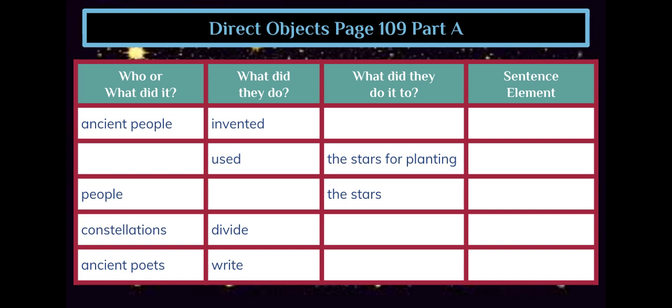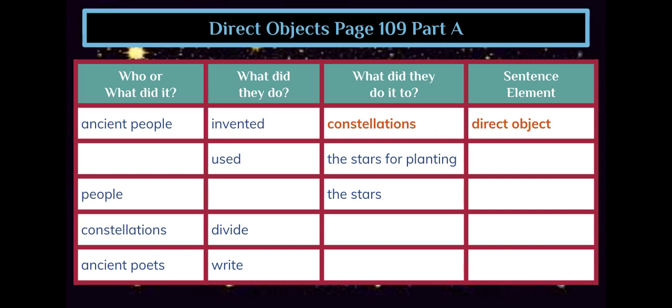Let's do the first two together. Ancient people invented. What did they invent? Constellations. And since it's the what did they do it to, that would make it a direct object.